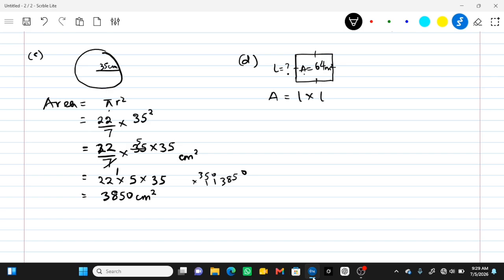So now for the area we put 64 by substitution. So 64 should be here is equal to L times L. So 64 is equal to L squared, meaning a number that will multiply itself and then we'll get 64. Or from here, L squared, you can take square root. Square root of 64.